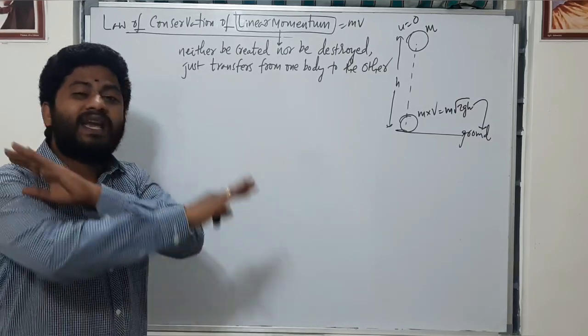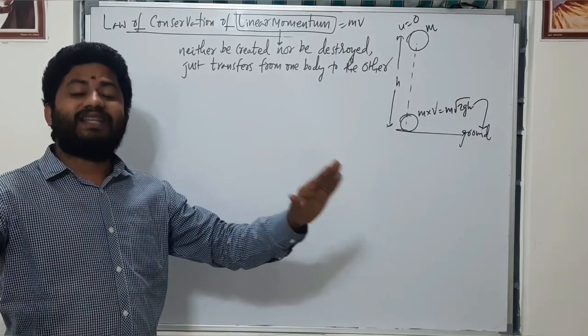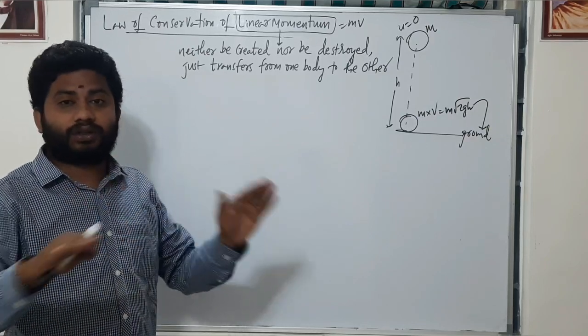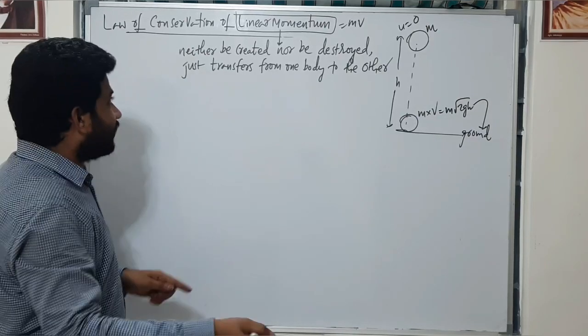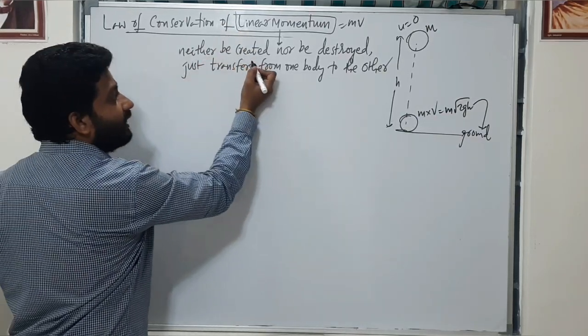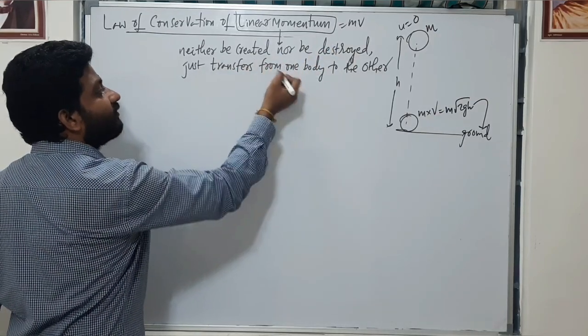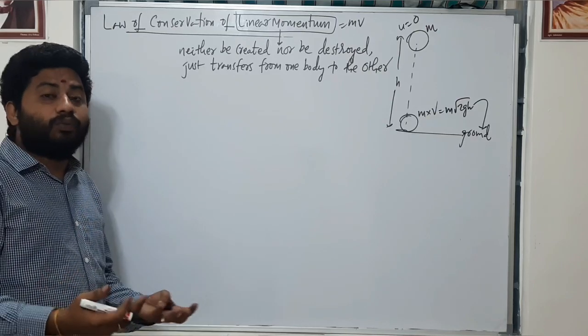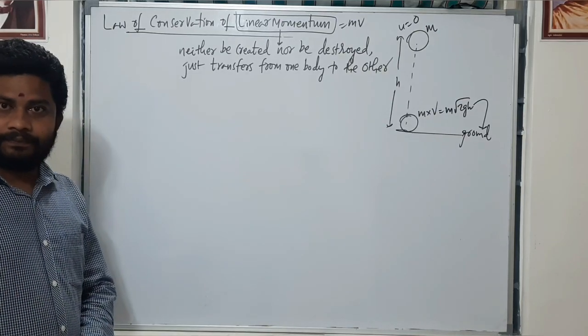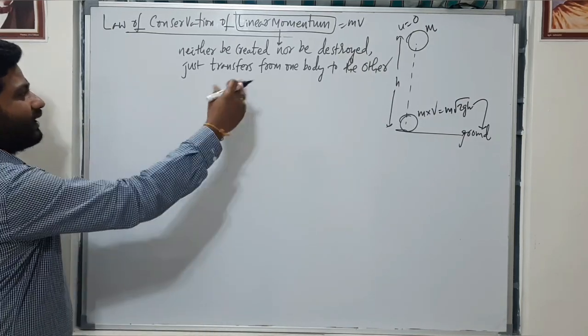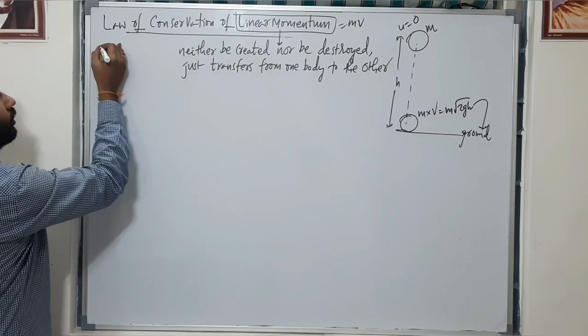There won't be any loss in the total linear momentum. Okay, so that's what it says. Neither be created nor be destroyed. There's no loss, but it just transfers from one body to the other. That's it. Clear? Let's see. So what exactly does this tell us here?